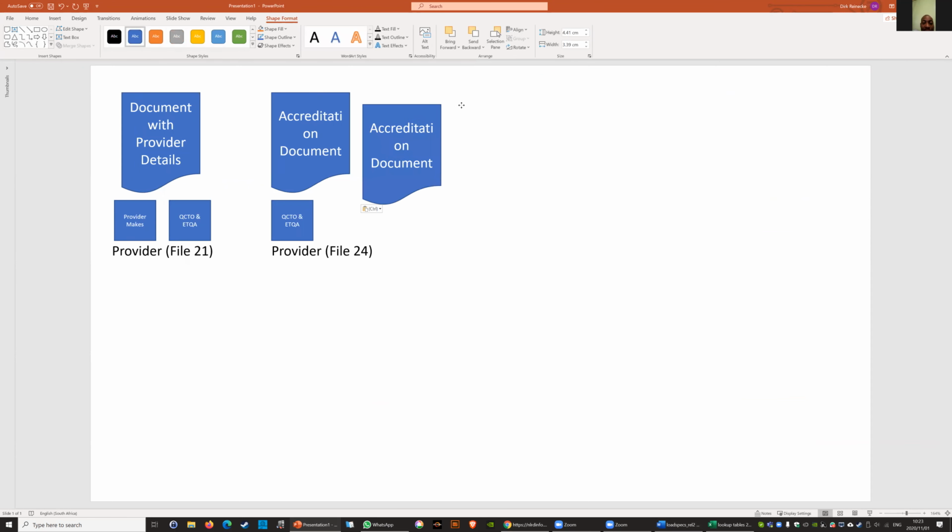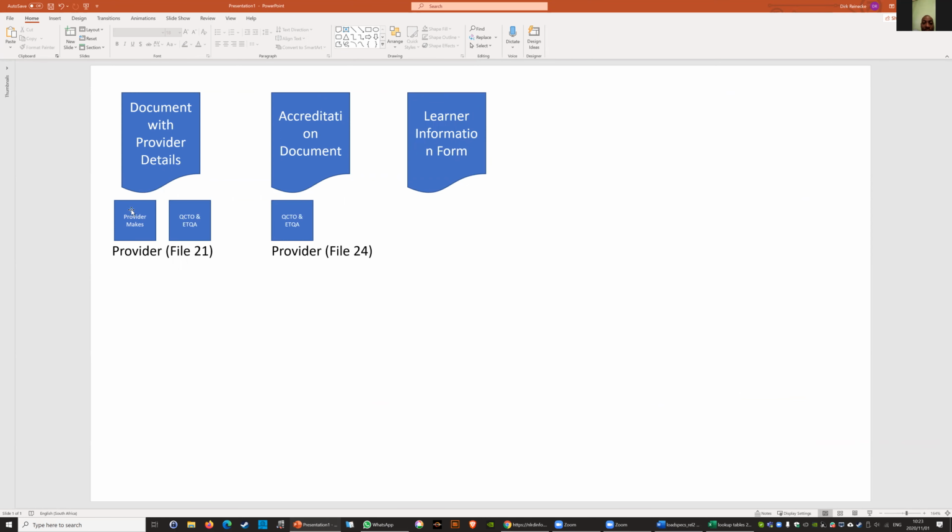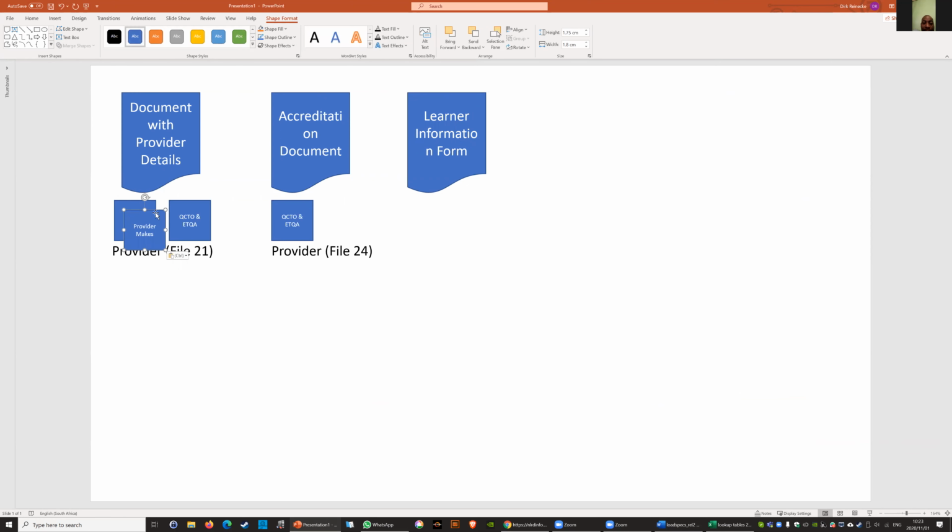Yes. Okay, so file 25 is the learner information form. Okay, so the provider makes this file. The learner completes this file. And then the provider submits it to the ETQA.